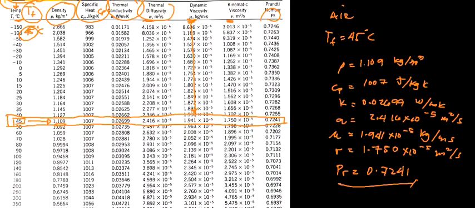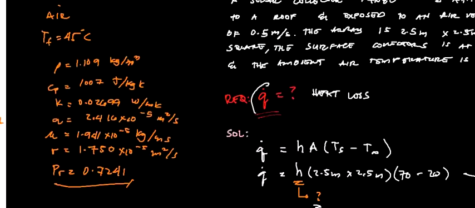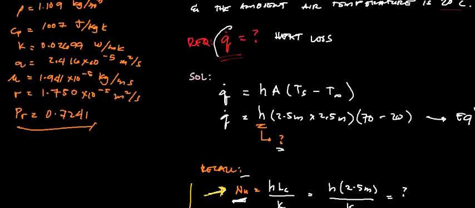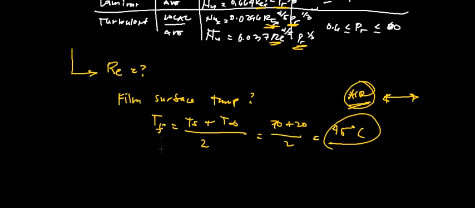We can use these values to solve for the value of our Re, wherein our Reynolds number is equal to the density, the stream velocity, the characteristic length, all over the dynamic viscosity.